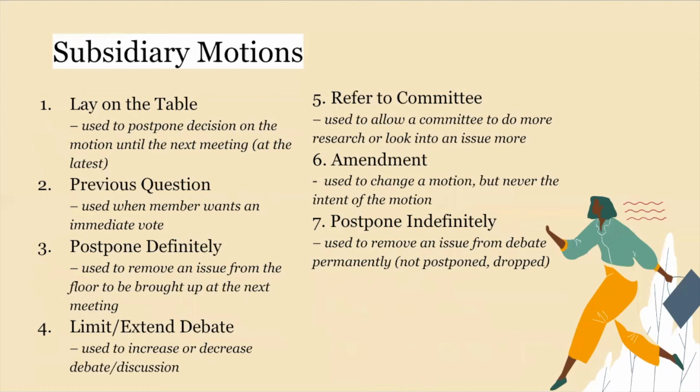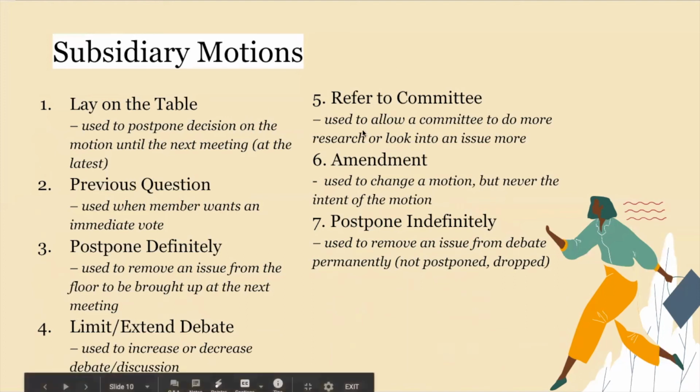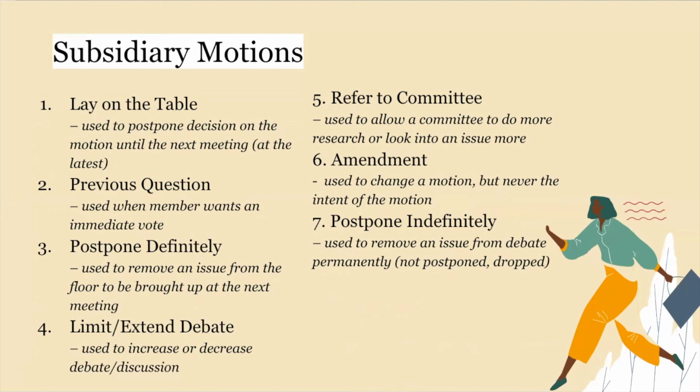Subsidiary motions, to lay it on the table. This is used to postpone a decision on the motion until the next meeting at the latest. So, it is exactly what it says. It is used to talk about something at the next meeting or later in the meeting if senators want to defer action on whatever is being discussed at that time.